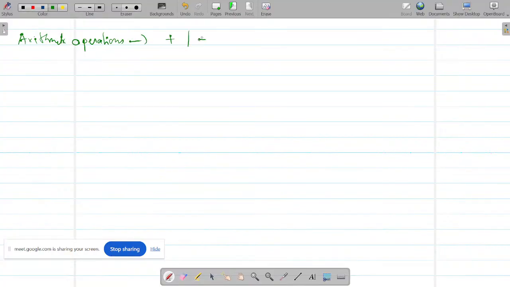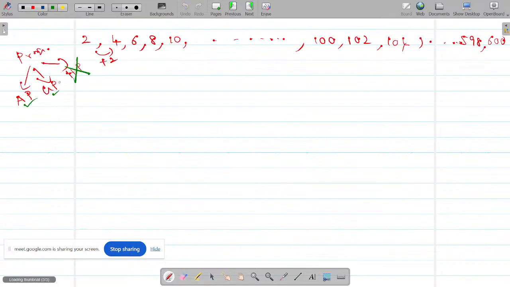Addition, subtraction, multiplication, division. If I consider addition or subtraction, this follows arithmetic progression. If I follow multiplication or division, this follows geometric progression. Simple part.